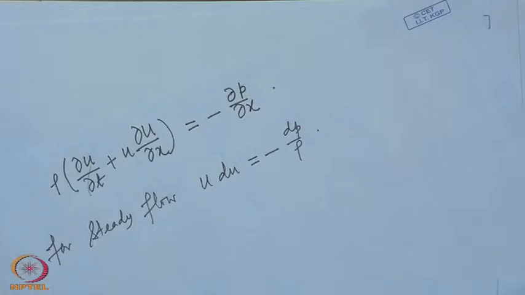The partial derivatives in this case change to ordinary derivatives, since the properties p and u are now just functions of x only and not of t.